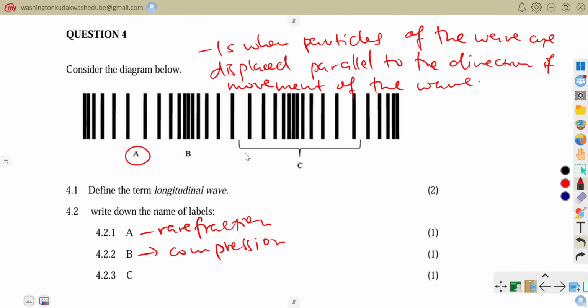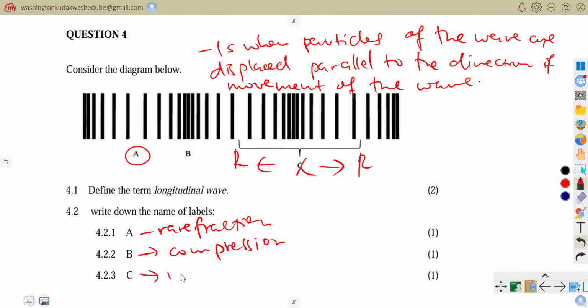And what is C? You can see that C is representing a distance from a rarefaction to a rarefaction. So a rarefaction is in phase with a rarefaction. So these are two consecutive points in phase. That gives you a what? That gives you a wavelength.